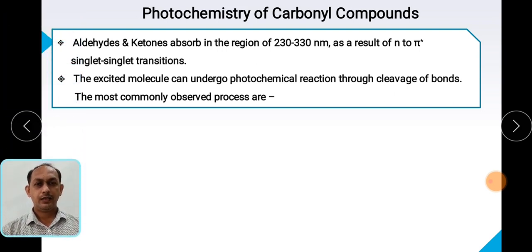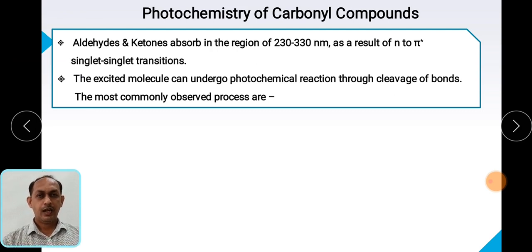As we know that carbonyl compounds contain large number of functionality, and aldehyde and ketones are one of the important functionality, as these compounds contain three types of electrons in their bonding. One is sigma, which is present in single bonds.